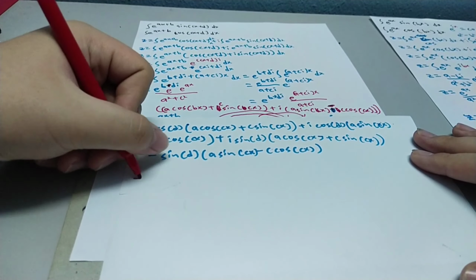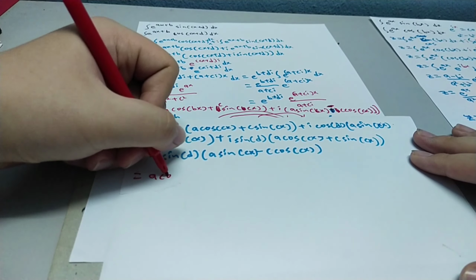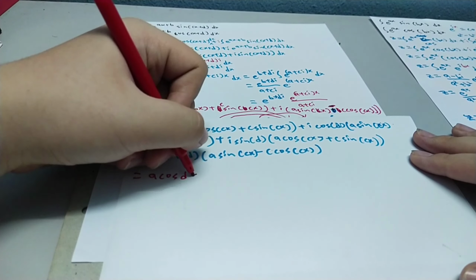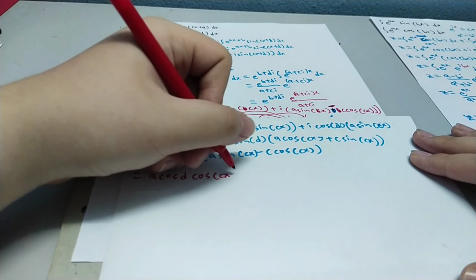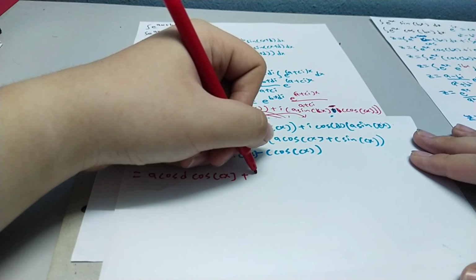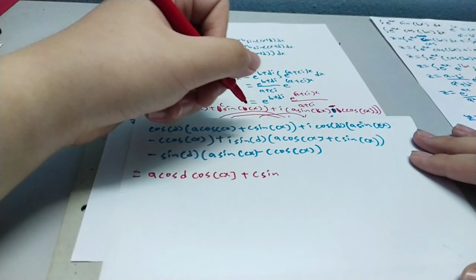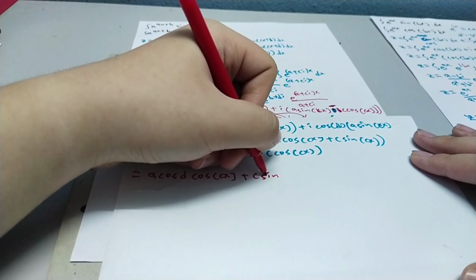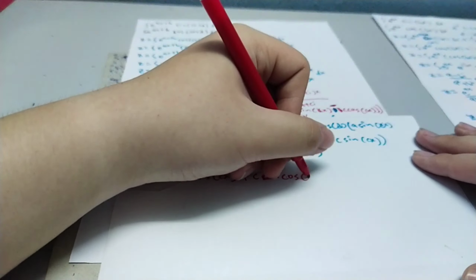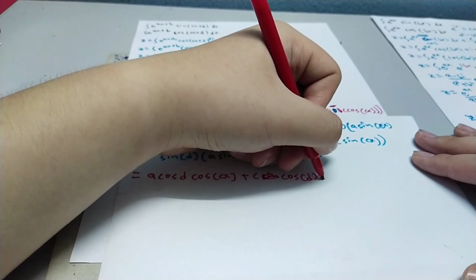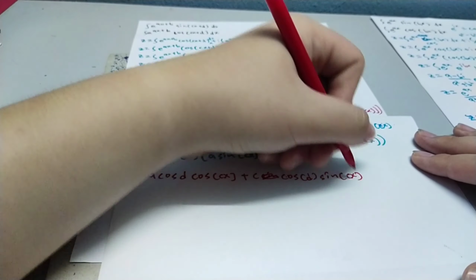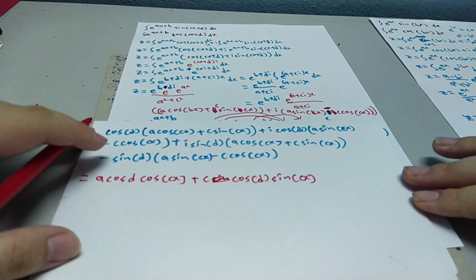Which is equal to a times cosine of d times cosine of cx plus c times cosine of d times sine of cx. This is the first one.